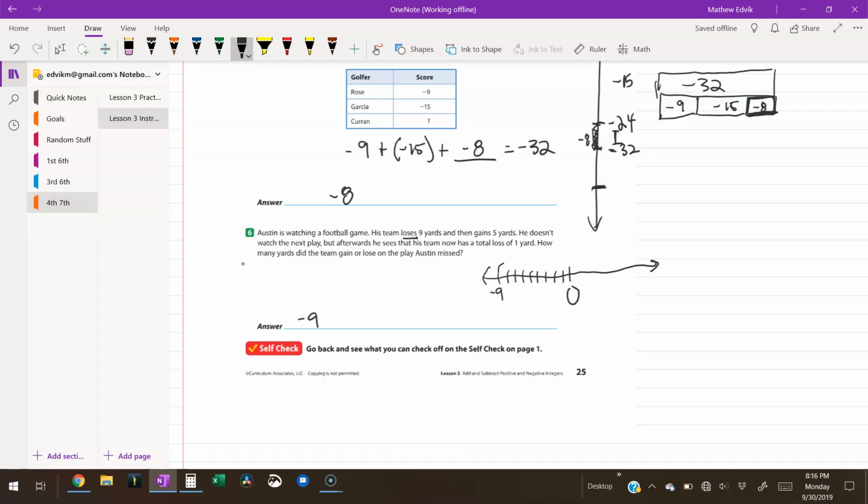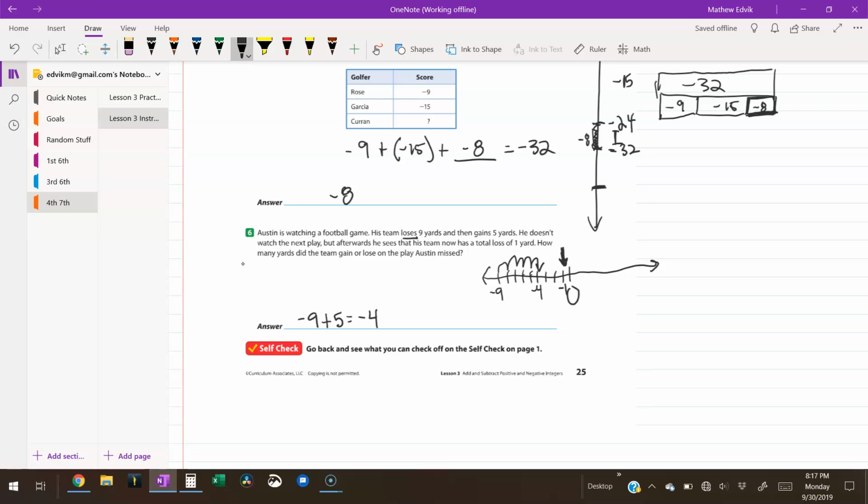Then he gains 5, so that's 1, 2, 3, 4, 5, and negative 8, negative 7, negative 6, negative 5. So that's negative 4. So negative 9 plus 5 equals negative 4. And now he sees that they're at negative 1 yard right here after he misses the play.